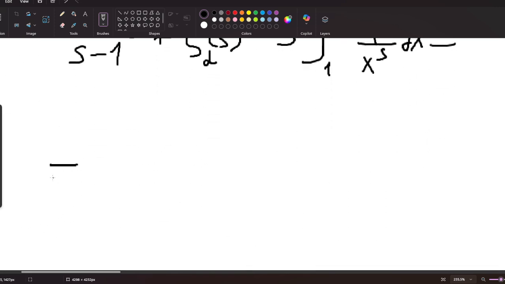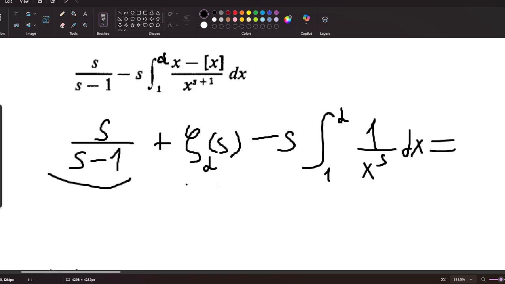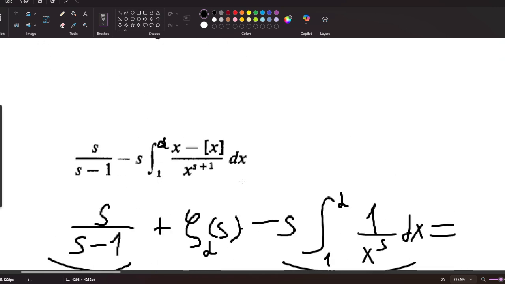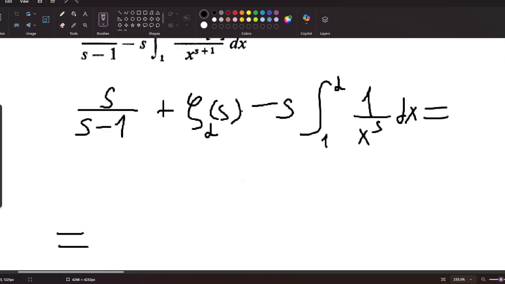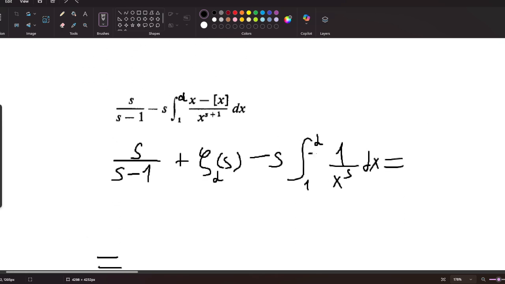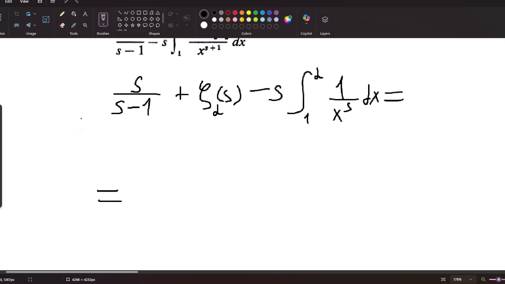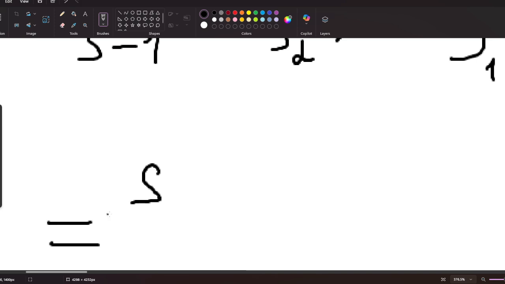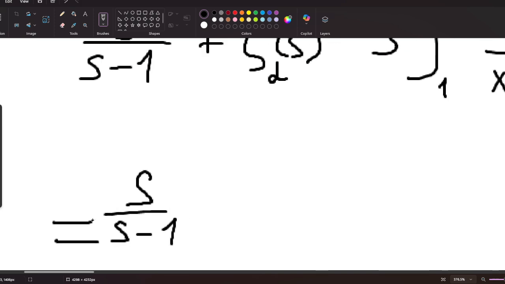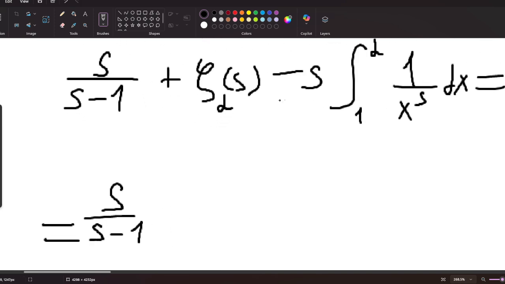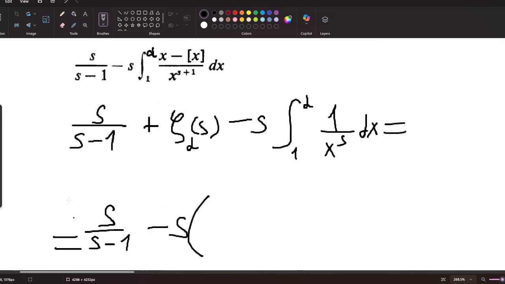Alright. Now what we have to show is that these two terms cancel out when a approaches infinity. So I have s minus 1, minus s. Let's evaluate the integral here.